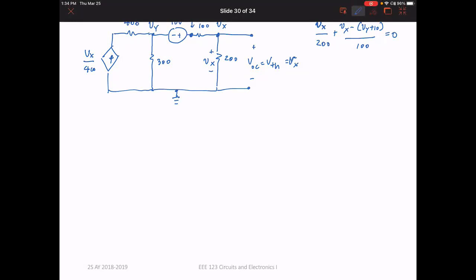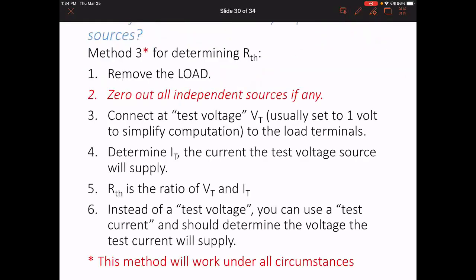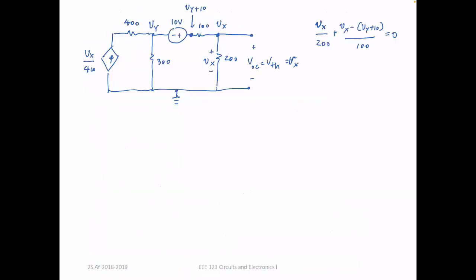Yeah, that's right. Kailangan mo ng supernode. So this one is a supernode. What is the equation for your supernode?